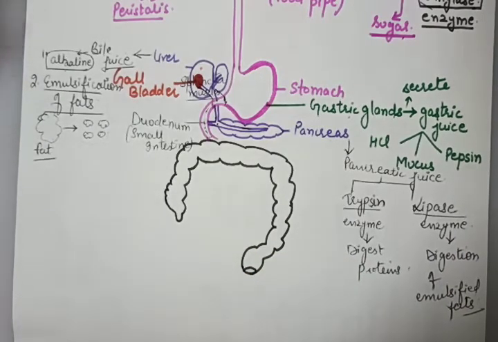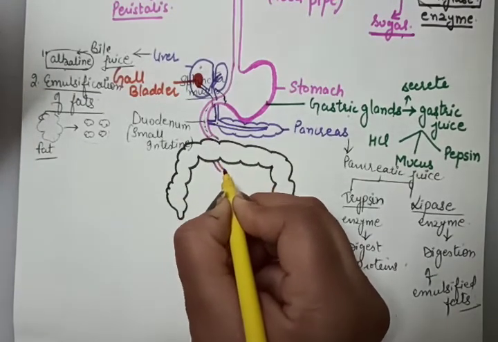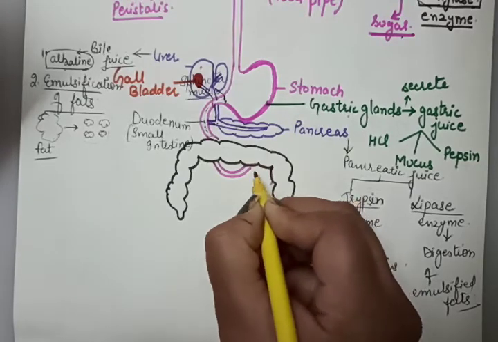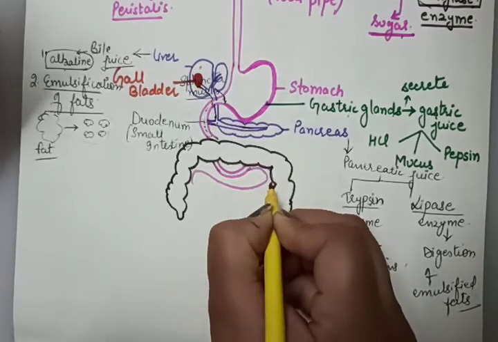This is the large intestine. And here the small intestine. This is the coiled part of the small intestine.